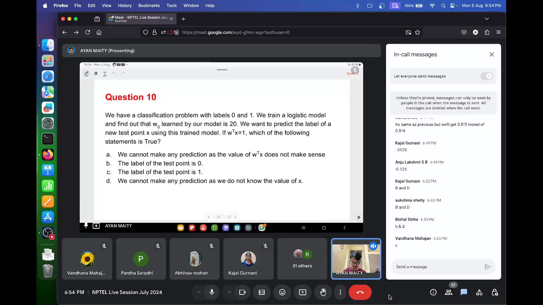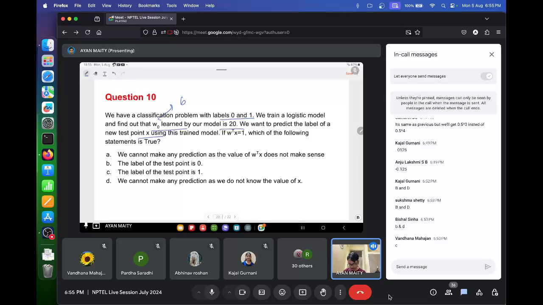Question 10. We have a classification problem with levels 0 and 1. We train a logistic model, or the sigmoid model, and find that W0, which is the bias term, also called bias B, learned by our model is 20. We want to predict the level of a new test point x using this trained model.